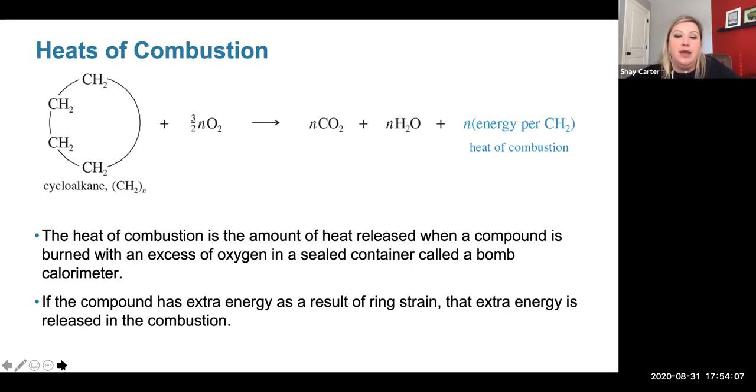So if the compound has extra energy as a result of ring strain, that extra energy is released in combustion. So we can compare a cycloalkane that has the same number of carbons as a straight chain alkane, and see how much of that energy is due to ring strain.